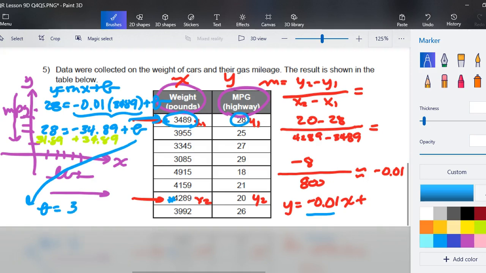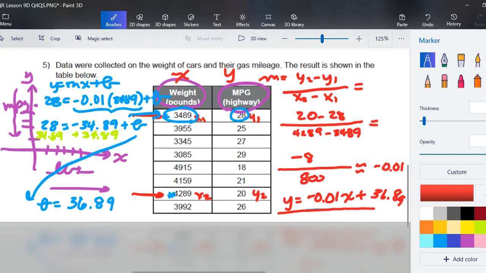It says we're going to go through the y-axis around 37. And so now to finish off our equation, we have y equals the slope and the x, and now we can put in the intercept we just found. So we now have an equation as it asked for on part D.